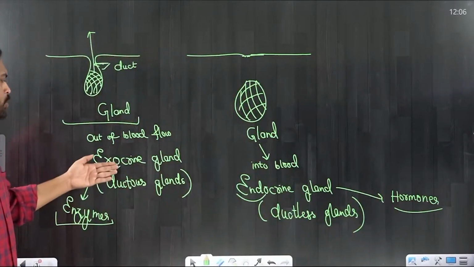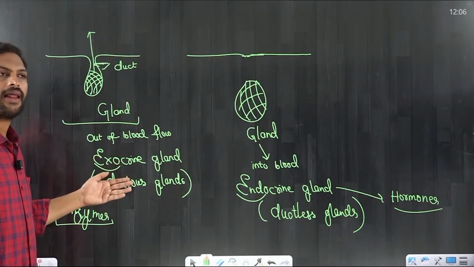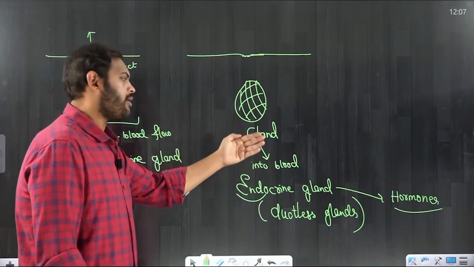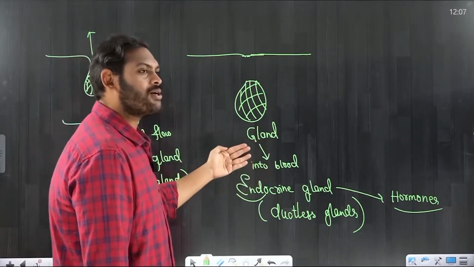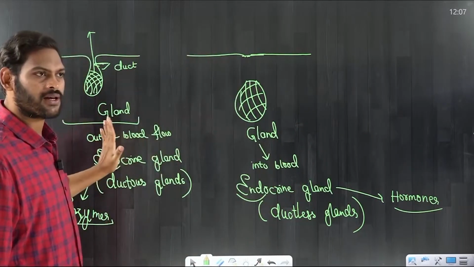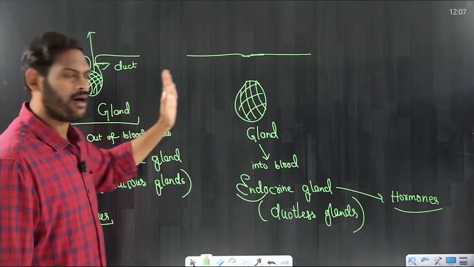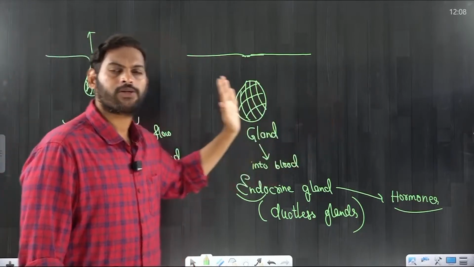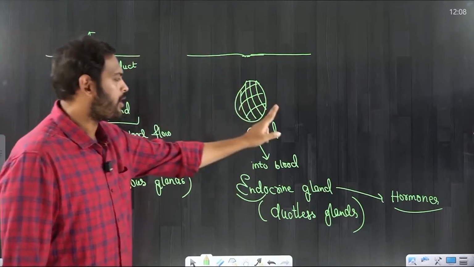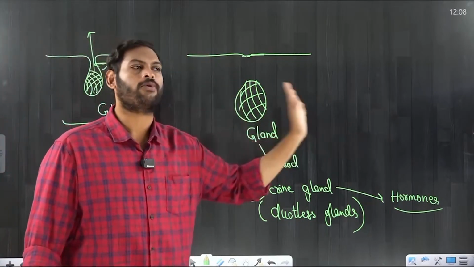See, exocrine ductus glands secrete enzymes. Endocrine ductless glands will be secreting hormones. So exocrine glands are ductus, endocrine are ductless. Exocrine gland secretions possess enzymes, whereas endocrine gland secretions possess hormones.